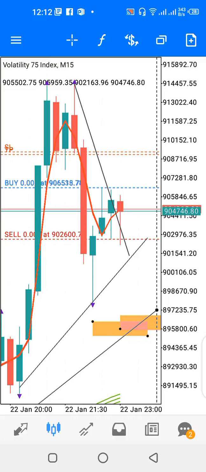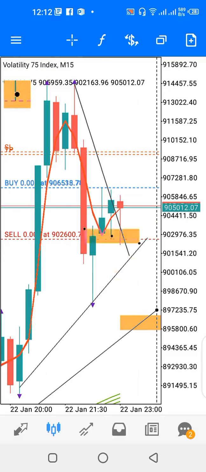So like I said, I saw the current candle as a retest. Retest means price breaks out and then retests the breakout point before continuing in the new direction.